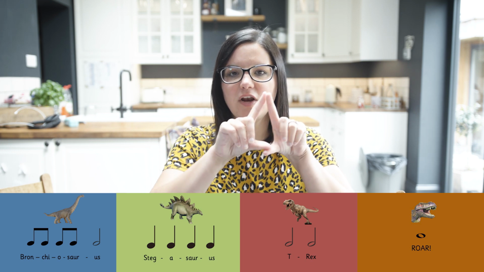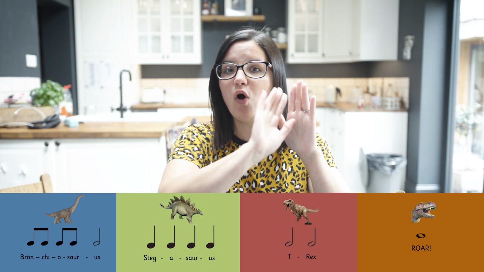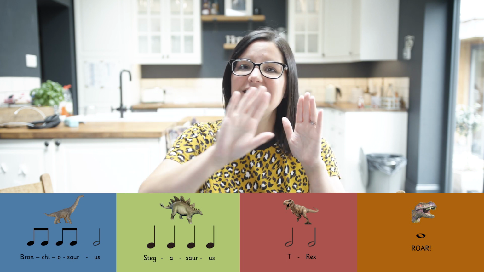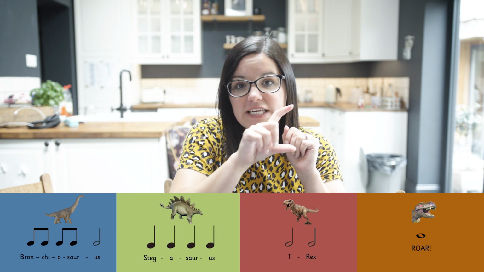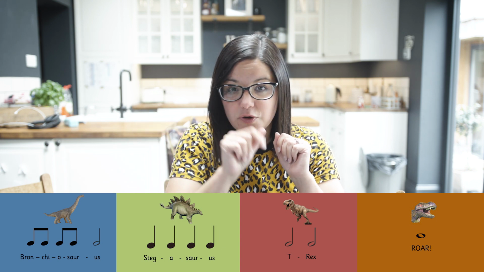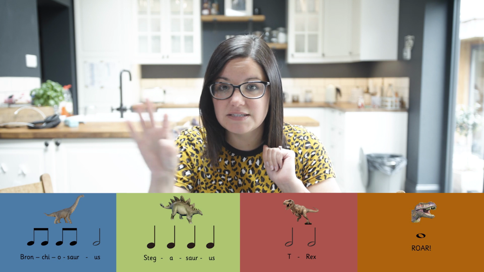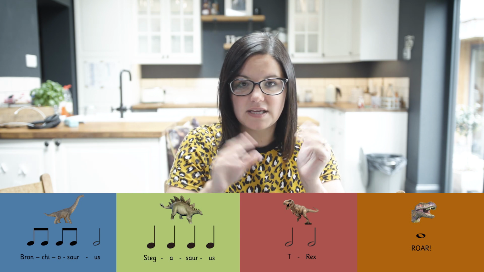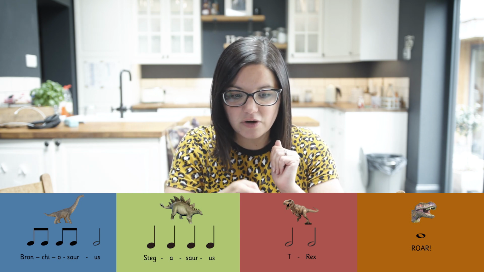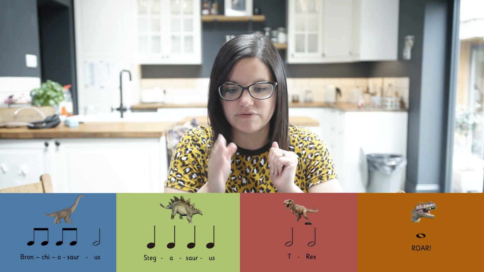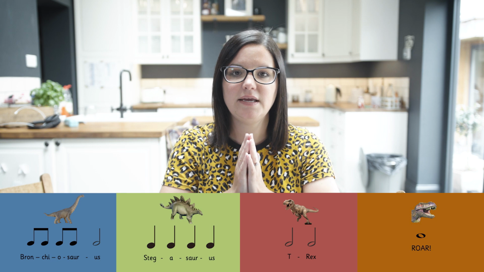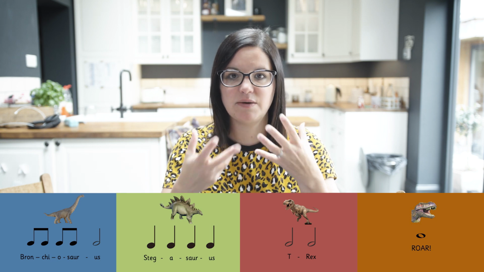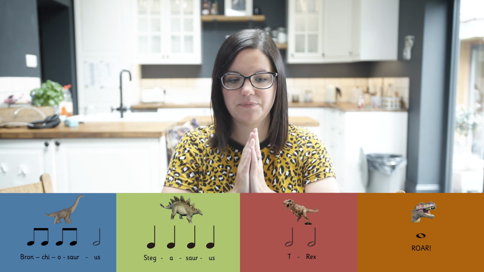And I'm going to follow the whole rhythm, all as one line, as though I'm reading a sentence. I'm reading this music. I'm reading this rhythm, okay? And that's what you're going to do. You're going to read this rhythm from one side to the other. So we're going to start with Bronchiosaurus, then Stegosaurus, then T-Rex, then roar. And we're going to clap it, okay? I'll have a go first and then we'll try together. You have a listen.